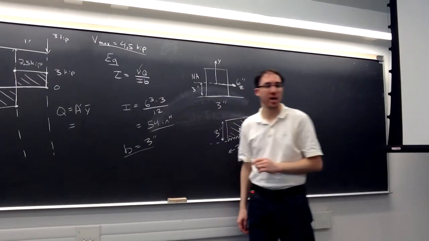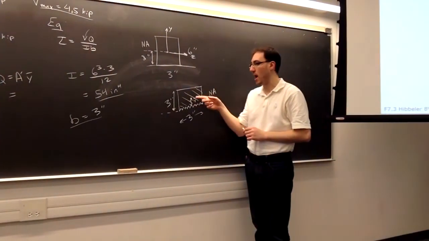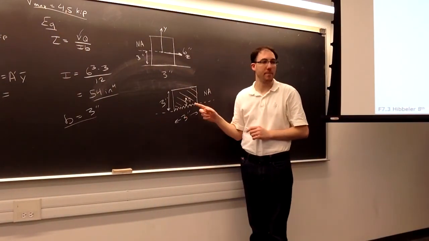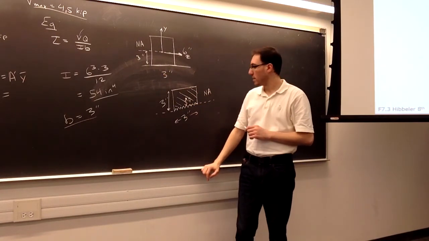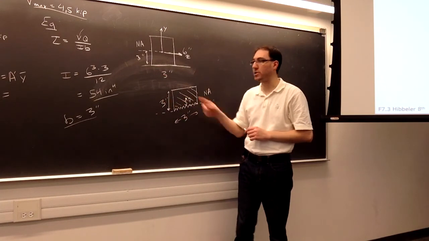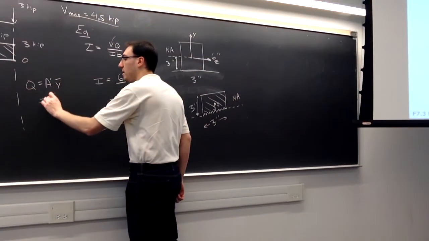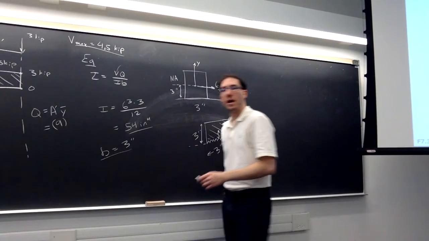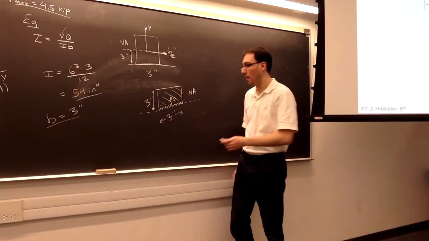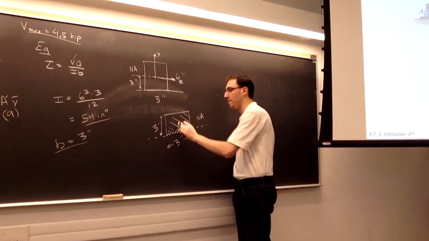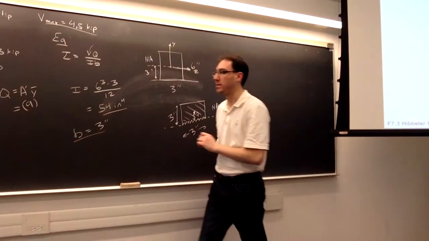So for this simple shape, what is going to be the A prime value for my mini shape that I'm using to find the value of Q? Right, so it'll be 3 inches by 3 inches, so the mini shape has an area of 9. And what's the value of Y bar for my mini shape? 1.5. Right, 1.5, the distance between the centroid of the mini shape and my neutral axis.